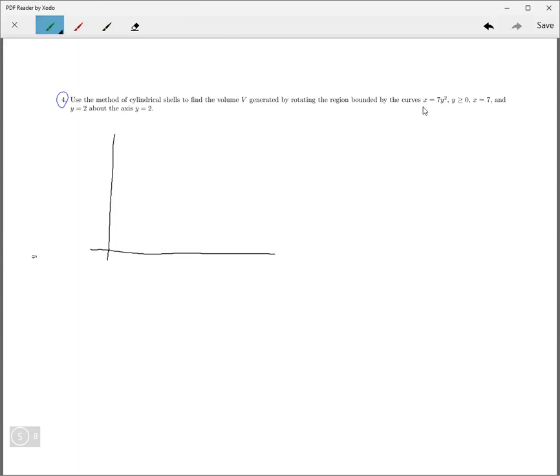Okay, so the first one, x equals 7y squared. That's going to be a parabola that opens to the right. The vertex is at the origin. It's going to open to the right like this. Now x equals 7. That's a vertical line right here. And we can figure out where these intersect.